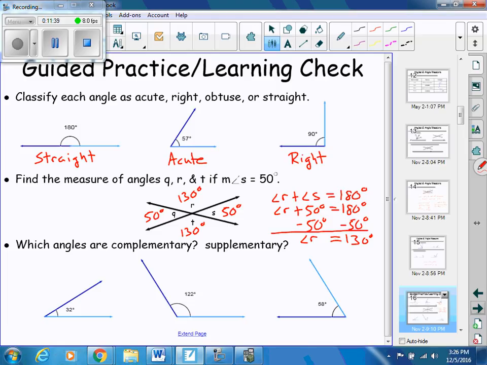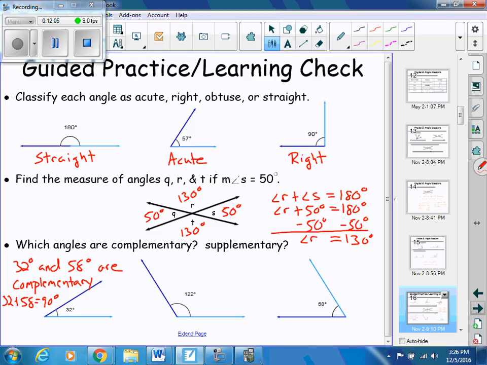Remember, complementary has to add up to 90 degrees. So the 32 degree angle and the 58 degree angle are complementary because they add up to 90 degrees. 32 plus 58 equals 90.